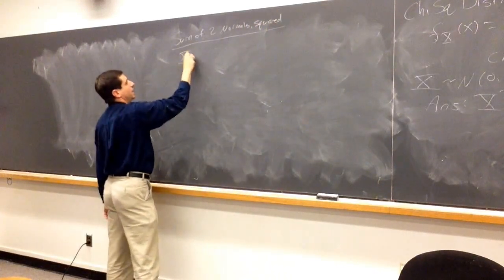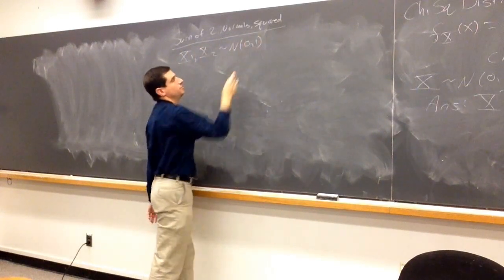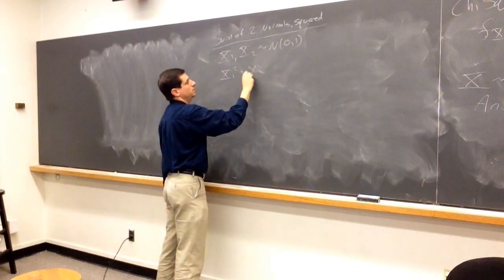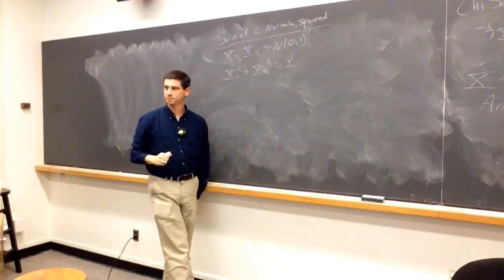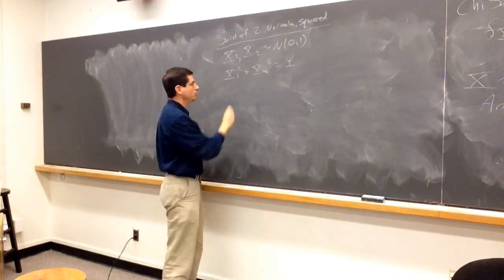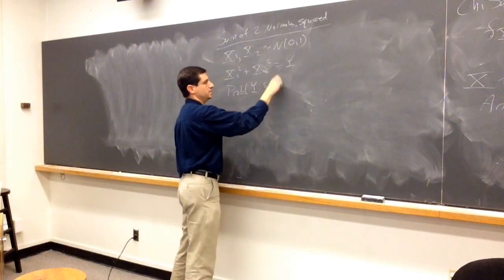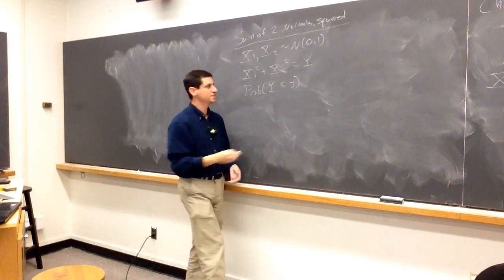So we'll have x1 and x2 are both normal with mean 0, variance 1. We'll look at x1 squared plus x2 squared. We'll call that y. And we want to look at what is the probability that big Y is less than or equal to little y. Every problem starts the same way.